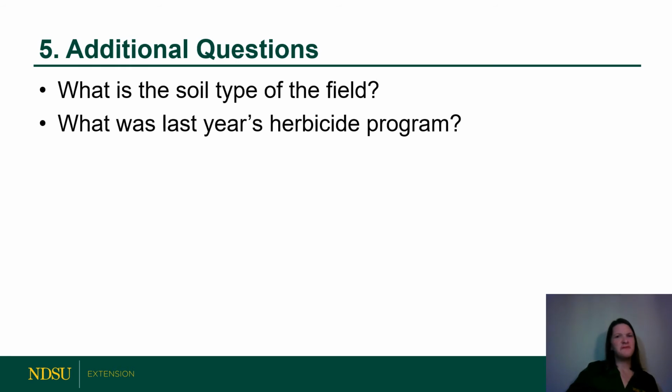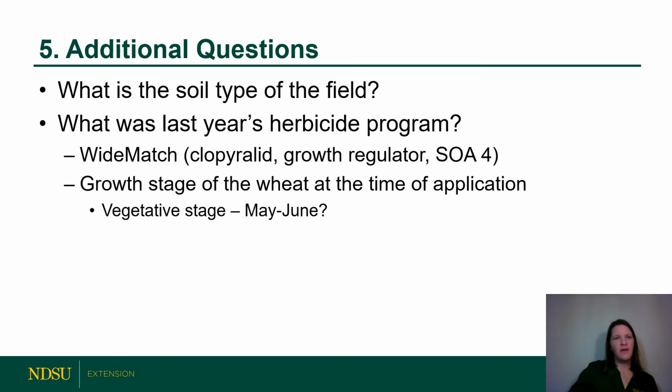And a very important question is, what was last year's herbicide program? We know that these soybeans are dicamba resistant, but what was last year's? Could that have had any effect in this situation? So going back, it's a soybean-wheat rotation.